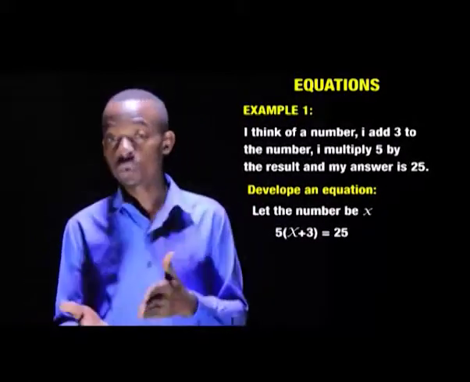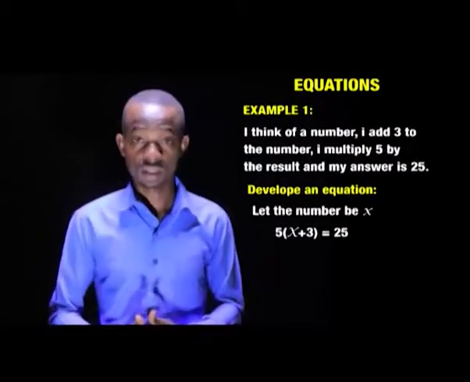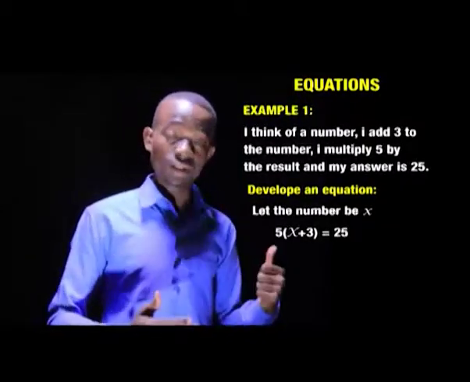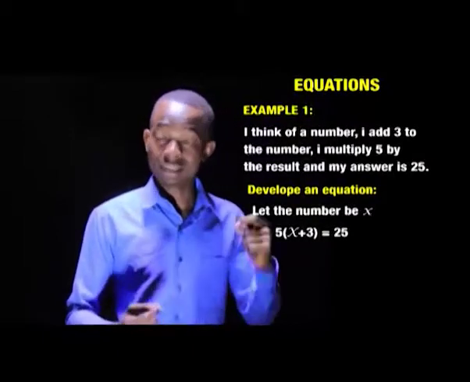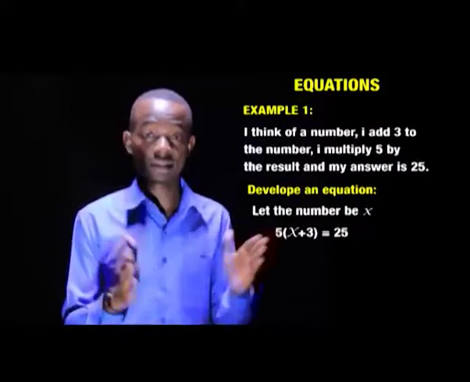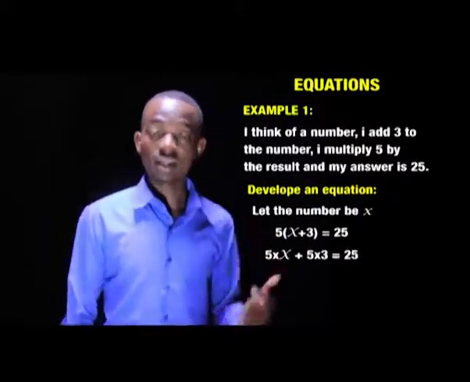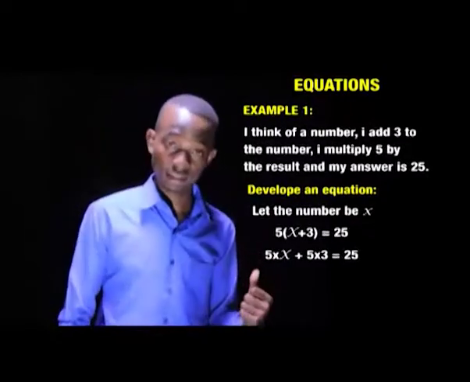Number one, what do I start with? I start by expanding this expression. Now we realize that the 5 which is outside the bracket multiplies every element that is inside the bracket. So that means the 5 is going to multiply the x, and the 5 is also going to multiply the 3.